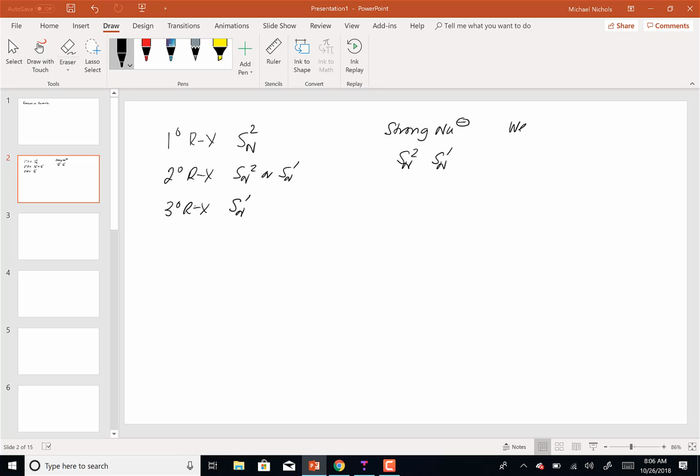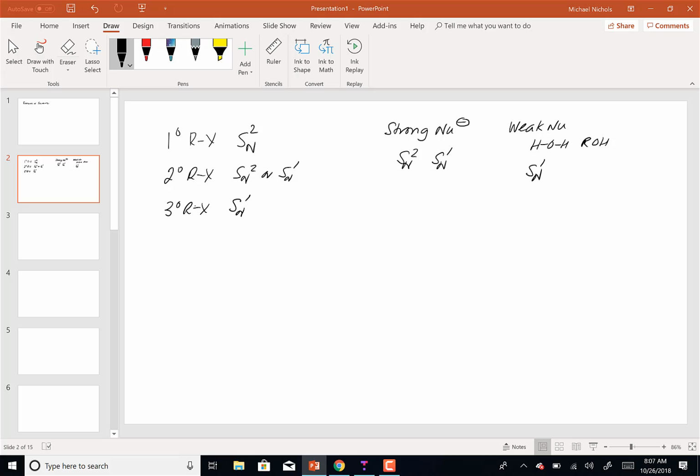But on the other hand, a weak nucleophile like water or an alcohol has to go by SN1. So weak nucleophiles can only react with carbocations. Okay, so that's what we know about each individual nucleophile and about each individual alkyl halide.